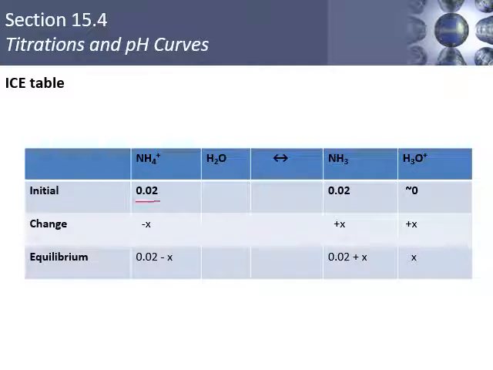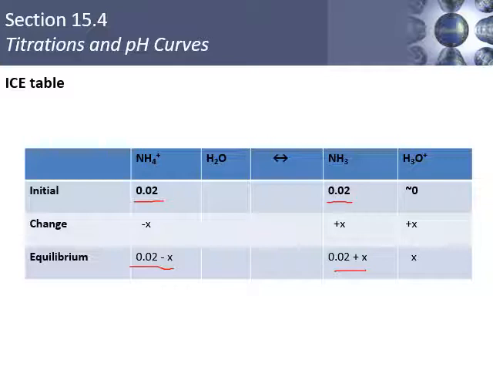This is going to be 0.02, and that came from the previous slide. Same thing here. So down at the bottom we have 0.02 plus x, which we neglect the x, and 0.02 minus x, again we neglect the x.